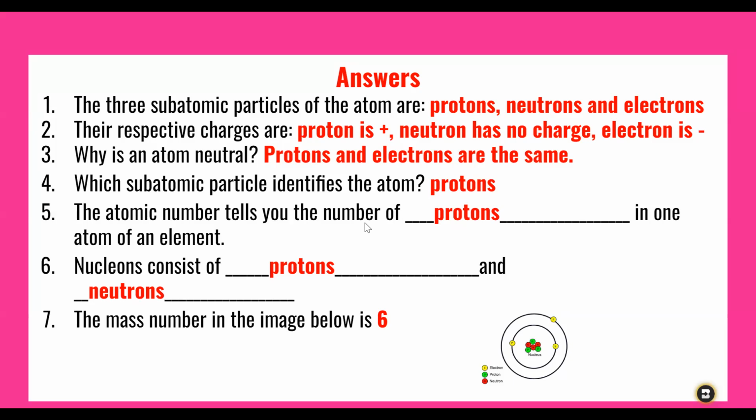Here we go. The 3 subatomic particles of the atom are protons, neutrons, and electrons. Their respective charges: proton is positive, neutron has no charge, electron is negative. Okay. So hopefully you got everything right.